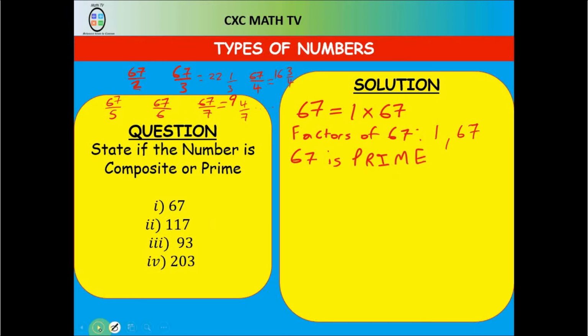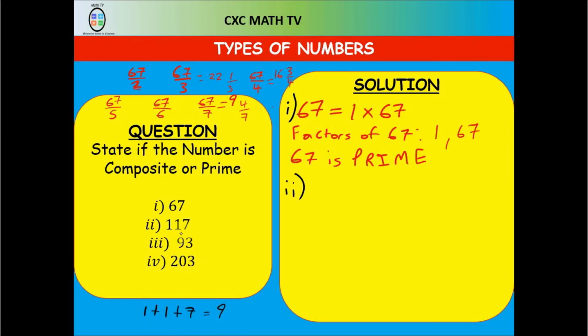Yay! Nice. Okay, looking at 117. Let's go. 117. Now, 117, guys. Remember I told you the shortcut to determine if it was divisible by 3. You realize that if you add 1 plus 1 plus 7, you'd get 9. Right? And 9 is divisible by 3.